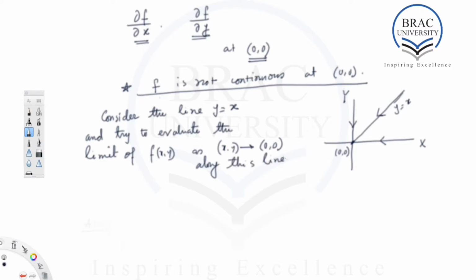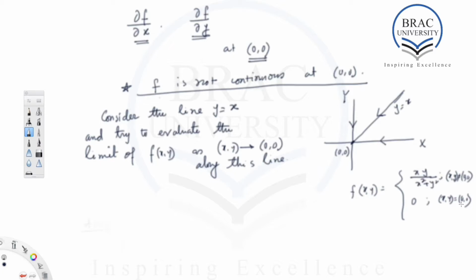Let me write down the function here, which I have erased: the piecewise defined function xy divided by x squared plus y squared for (x, y) not the origin, and 0 when (x, y) is the origin.